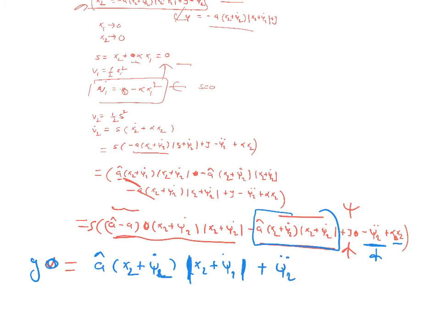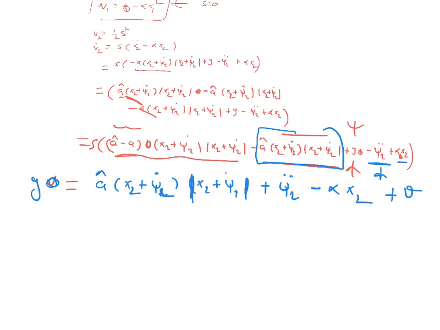This will cancel this, and minus alpha x2 plus mu, that additional mu to cancel the unknown terms for now, right? So when I plug this in, what happens? It becomes s times a hat minus a, times x. It's very important that we follow the bookkeeping method logically, otherwise you will be lost if you are doing this stuff.